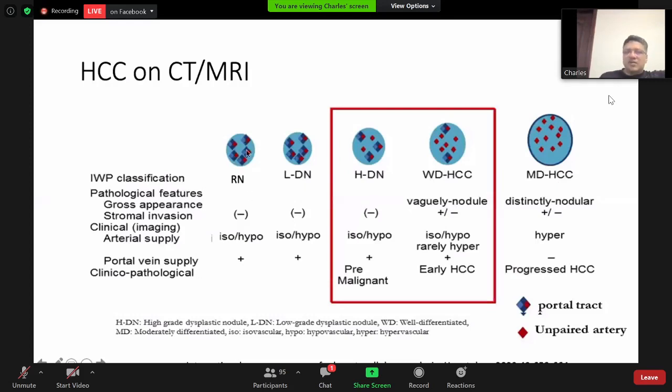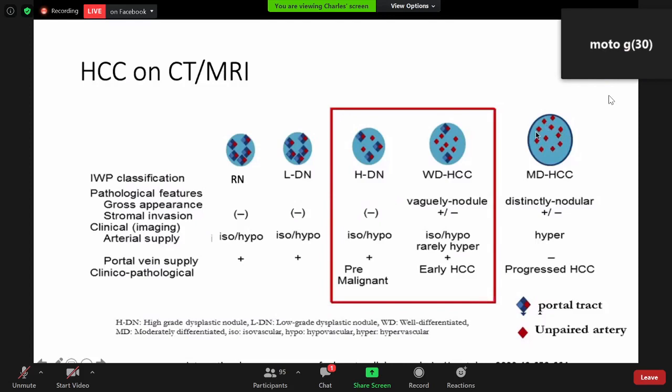Normally in a normal liver, you have the portal tracts, where you have the portal vein, the hepatic artery, and the bile ducts. Regenerating nodules will have the portal vein, hepatic artery, and the bile duct. They have the portal tracts. Low-grade dysplastic nodules also will have the portal tracts, and as it progresses from a high-grade dysplastic nodule to hepatocellular carcinoma, the portal tracts disappear and you get unpaired arteries.